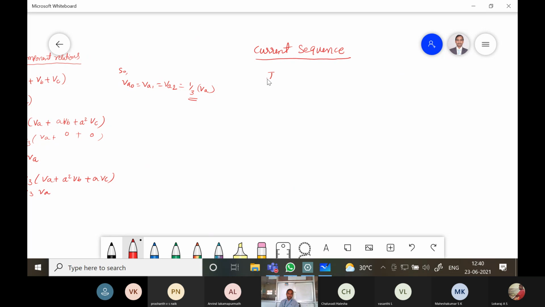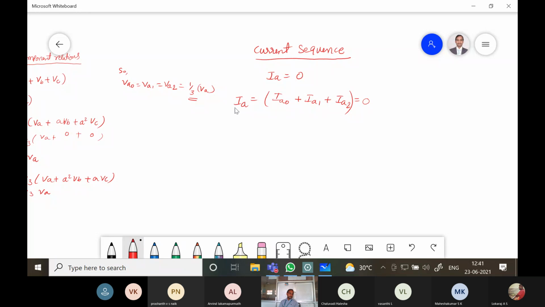We have IA equal to 0, right? IA is equal to IA0 plus IA1 plus IA2, right? So the summation of IA0 plus IA1 plus IA2 is 0.